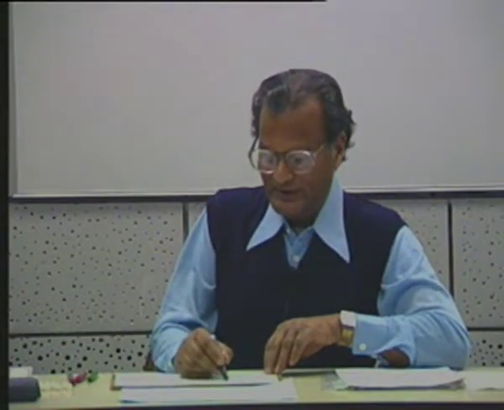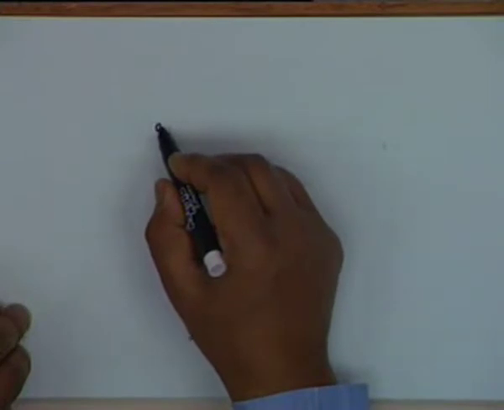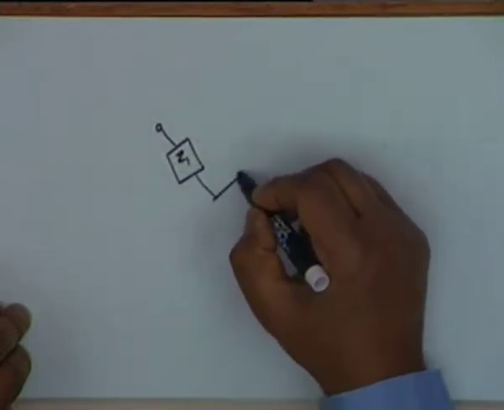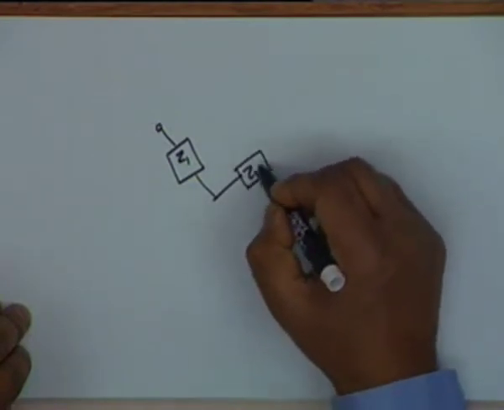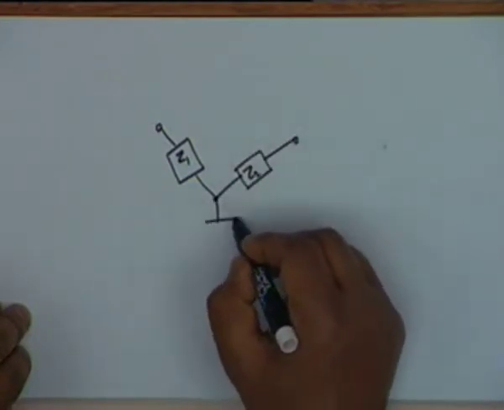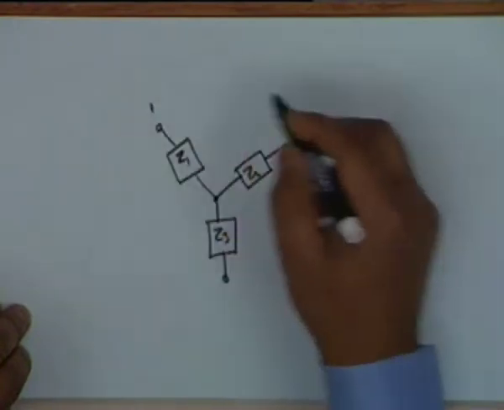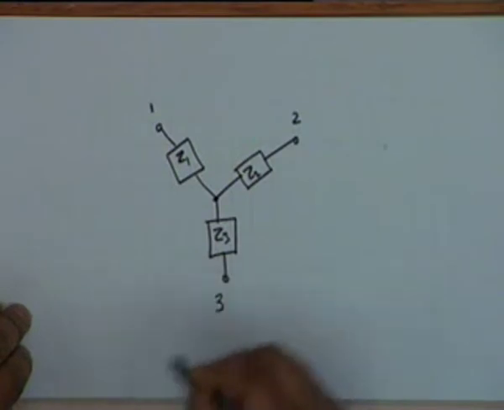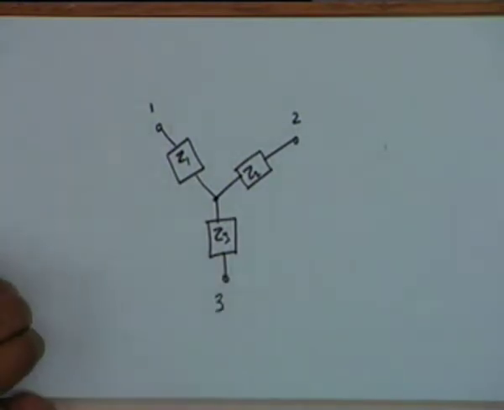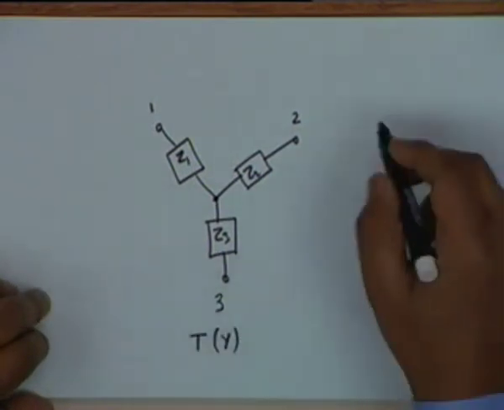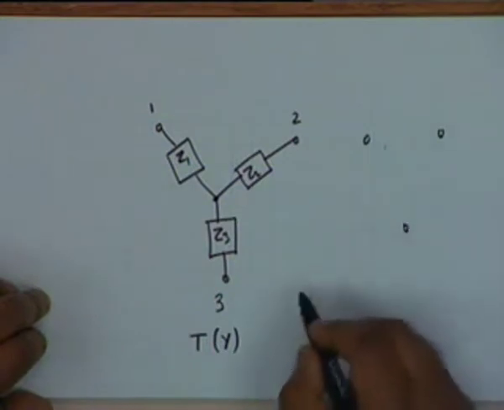For example, if I have a T network like this, T or a Y, all right, let us mark the terminals 1, 2, 3, a 3-terminal network which is of the shape of a T or a Y, and I wish to convert it to a delta.